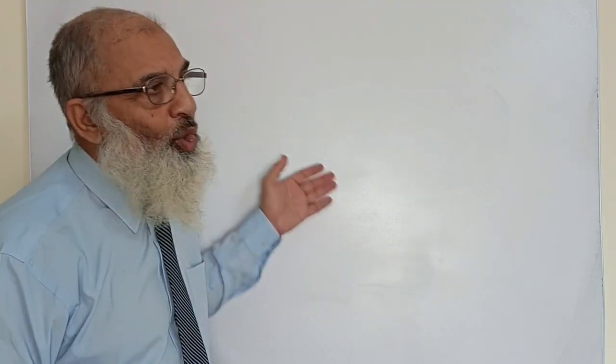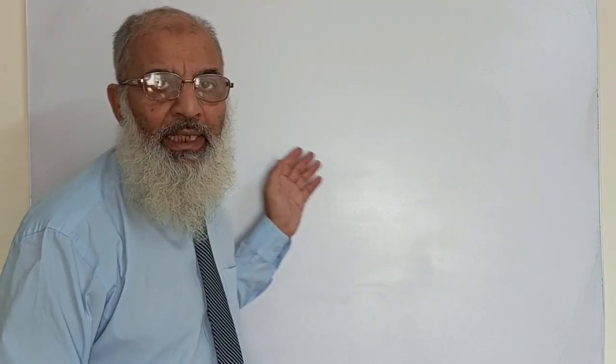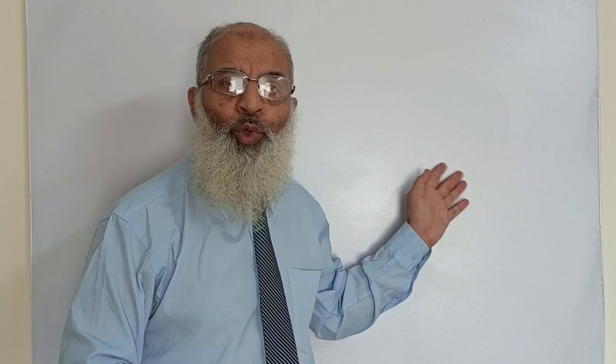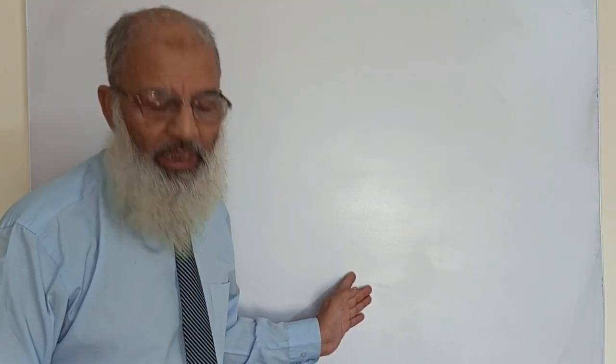So these are called two-way tables. There are not only two columns in it, but it can contain two or more rows in it.